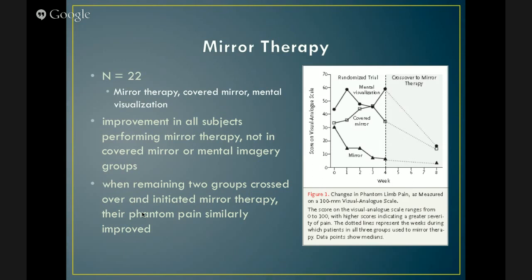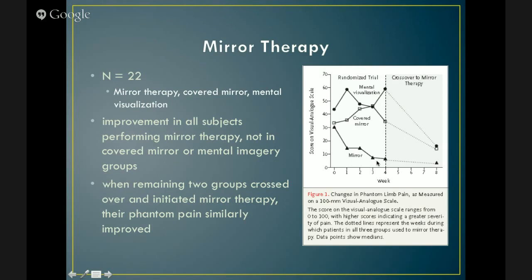This is a very small study, but one that's quoted relatively often, where they had a number of patients do mirror therapy, another group doing basically the same program except you're not recreating an image, like you're just putting in a box or putting up a covered mirror, and then one group doing mental visualization. If you look at the mirror box therapy group, all those patients had improvements in their phantom limb pain.